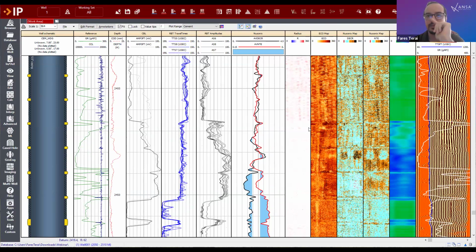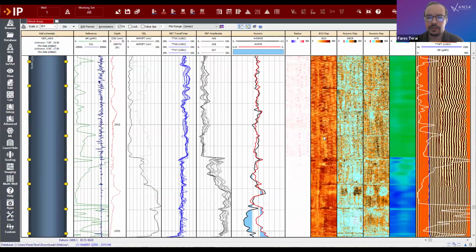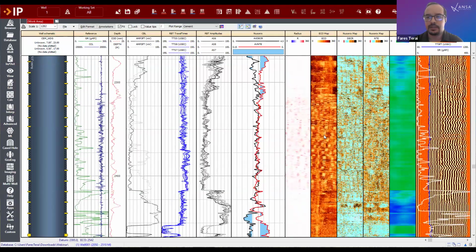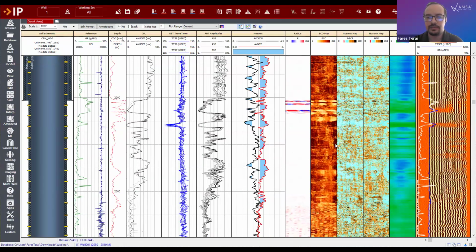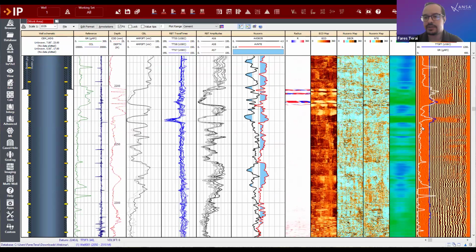For instance, I do have a couple of examples here. When looking at the cement maps, the video as well, we do have some significant attenuations here. When you first look at it, it kind of matches the gamma as well. So we might say that we do have some shale bonds here and here as well.